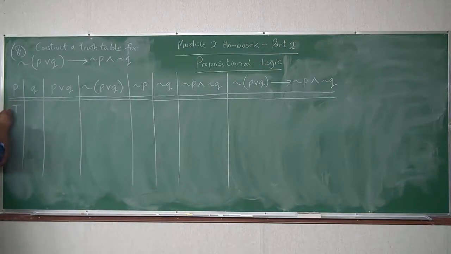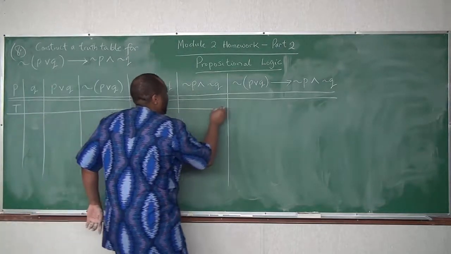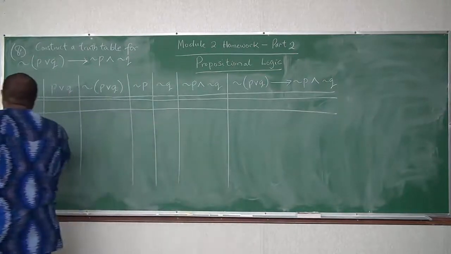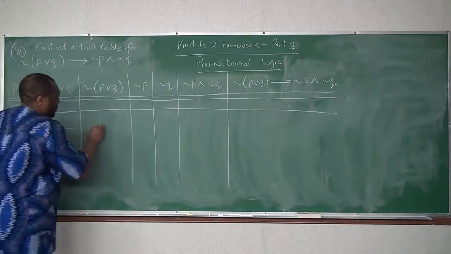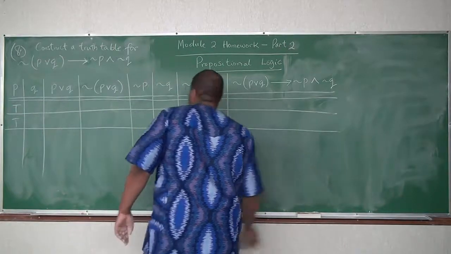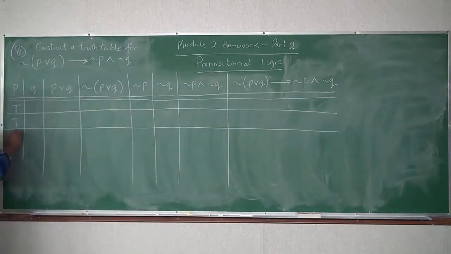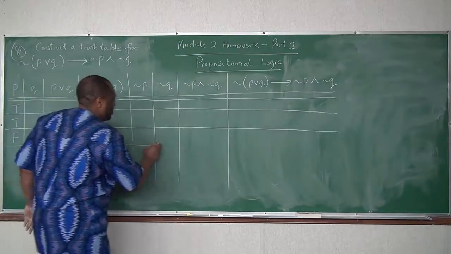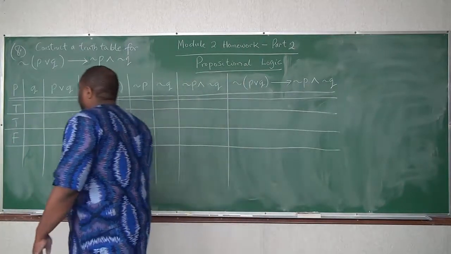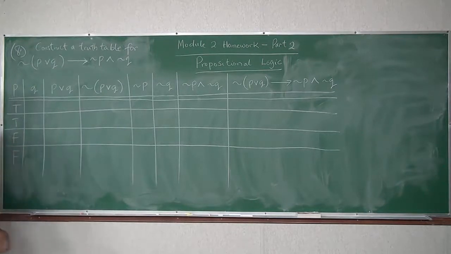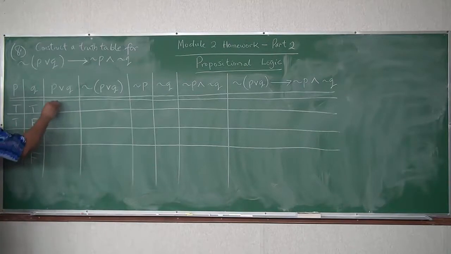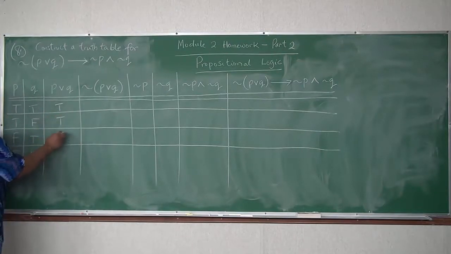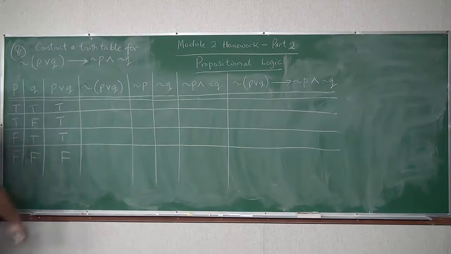We have true, true, false, false, and then we have true, false, true, false. P or Q: true or true is true, true or false is true, false or true is true, false or false is false.